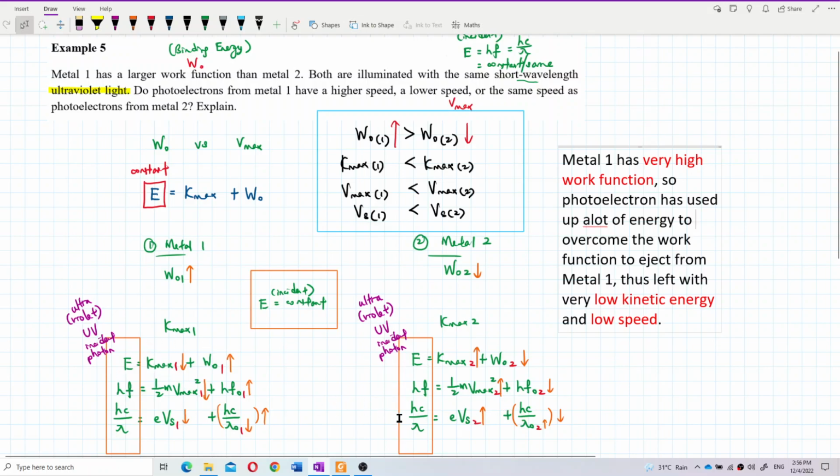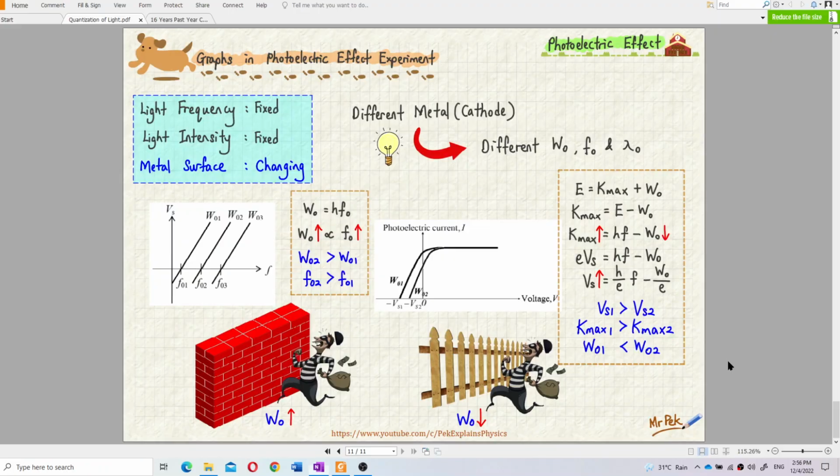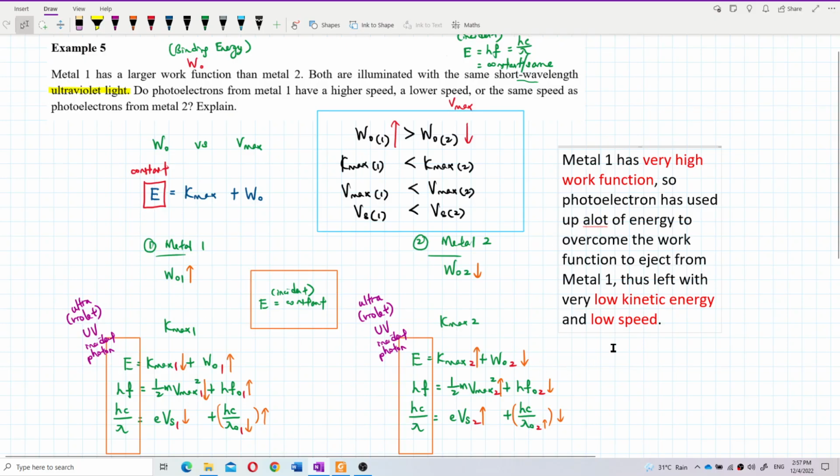You just work around with the equation and you can get so many other things. I already explained this in my lecture video. I compared work function and threshold frequency, and the stopping potential, Kmax, and work function also, just by using Einstein's photoelectric equation. Okay, so that's it for this question.